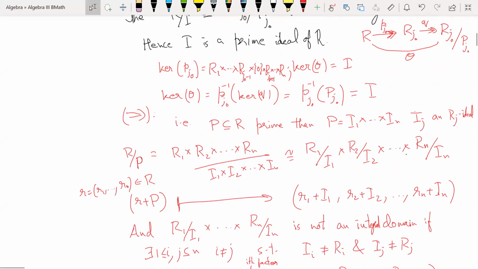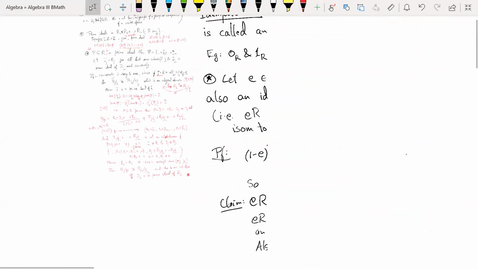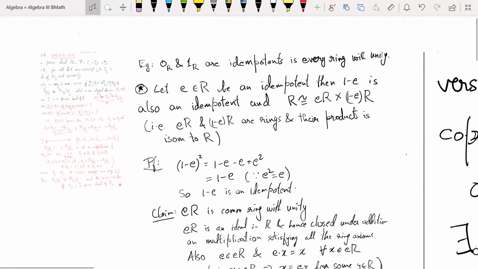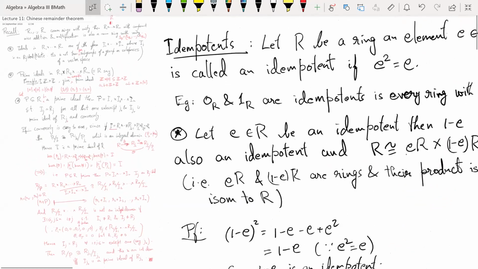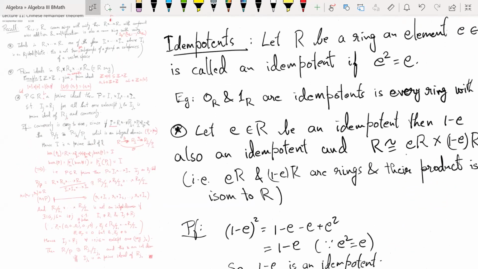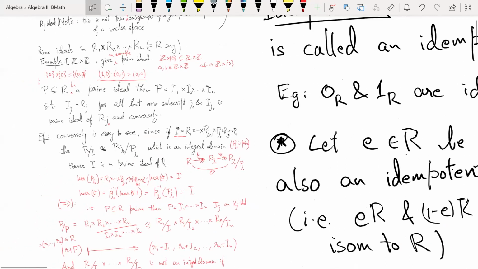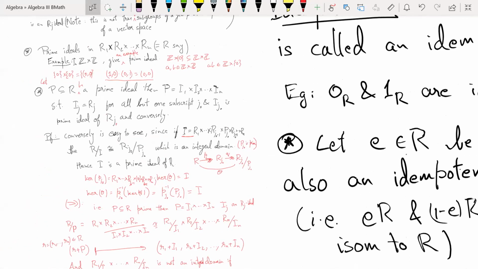So in particular, if we want to analyze this example, maybe I'll enlarge it so that it's easier to see.